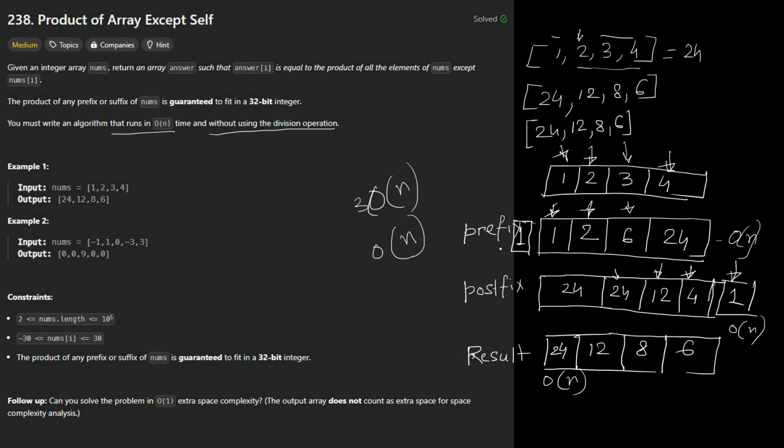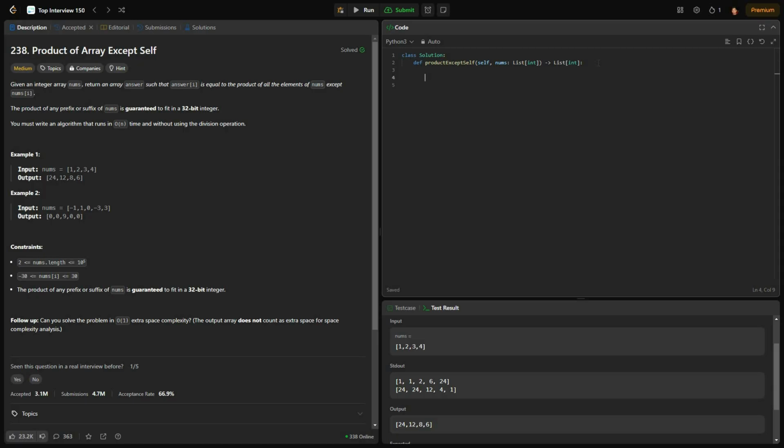Now let us look into the programmatic way of writing this entire algorithm in code using Python. Let us initialize two lists. The first is prefix, which is going to be all the values of 1 multiplied by the length of our nums, plus 1, so that we ensure the extra value required for our multiplication is there.